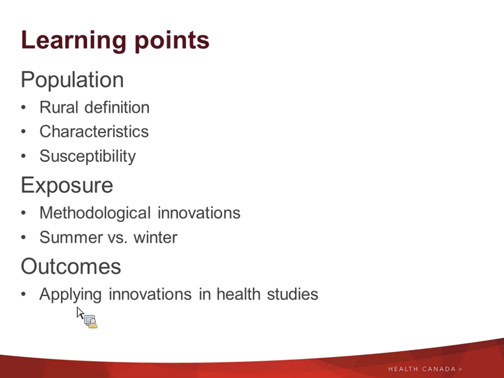And then on the exposure side, I wanted to highlight some methodological innovations in the exposure science that have really transformed our ability to understand air pollution exposure in rural areas, and also contrast some of the differences in exposures in these areas in summer and winter. And then finally, looking at health outcomes, I'll provide a few examples of studies that have exploited these innovations in the exposure science area.